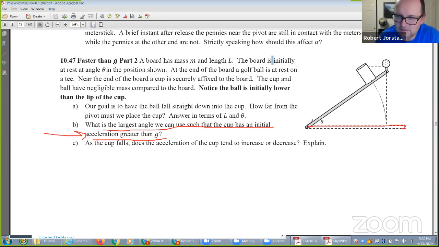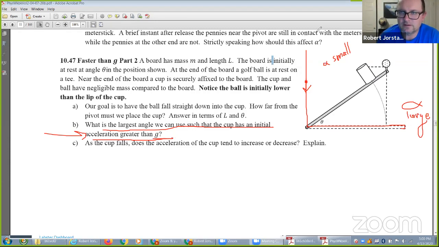And we also saw that if you put it straight up in the air, you get no alpha. Think about it. If this was perfectly balanced, the weight would go through the pivot. So we know that this is a large alpha down here. Alpha is large. And up here, alpha is small. So there's got to be some angle that allows us to still get acceleration greater than g.